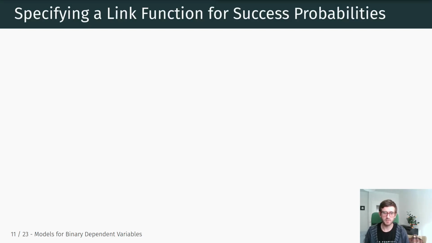Okay. So the first way to derive Logit and Probit starts with this issue that we described in the previous video when we talked about the linear probability model and the related problem that a pure basic linear probability model can yield out of bounds predictions.